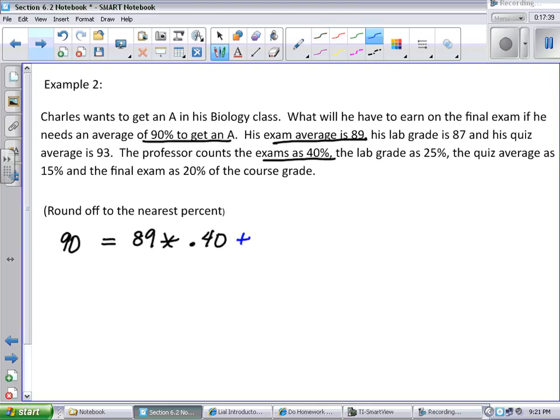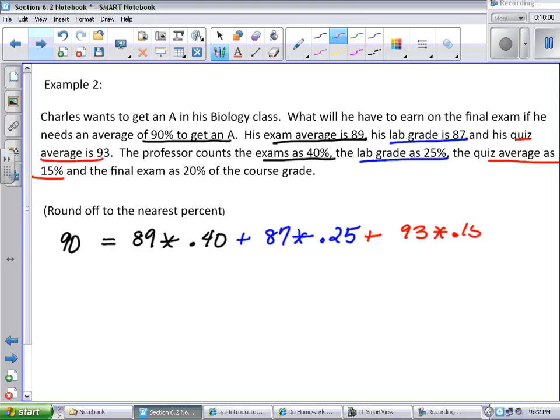Plus, lab grade is an 87, and the professor counts that as 25% or 0.25. Plus, the quiz average is 93, and that counts as 15% or 0.15. And the final exam grade, that's what we don't know, plus x times 0.2 or 20%.